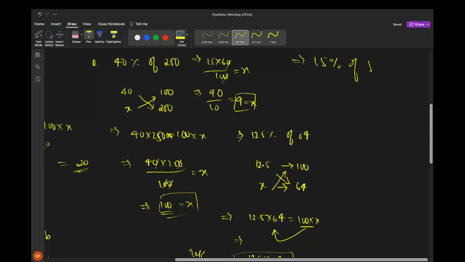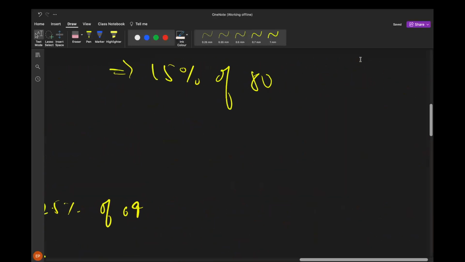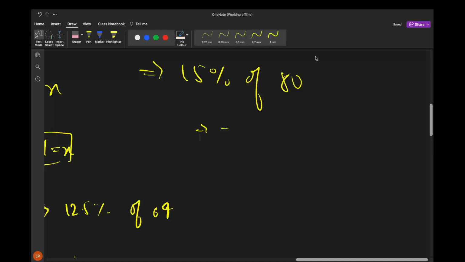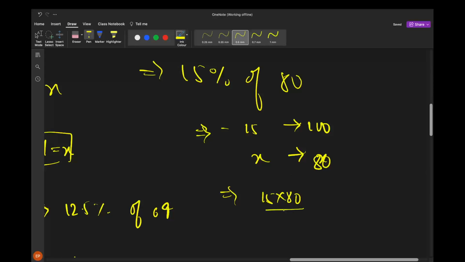15% of 80, right? Means 15 for 100. How much for 80? Cross multiply, 15 into 80 divided by 100, which gives x.